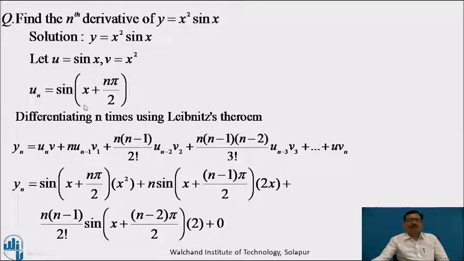In this un we have to replace n by n minus 1, that is sin of x plus n minus 1 pi by 2, into the first derivative of v, which is 2x, since the derivative of x square is 2x, plus n into n minus 1 by 2 factorial into the n minus 2 derivative, that is sin of x plus n minus 2 pi by 2, and the second derivative of v is 2. The third derivative of v will become 0, therefore directly 0.